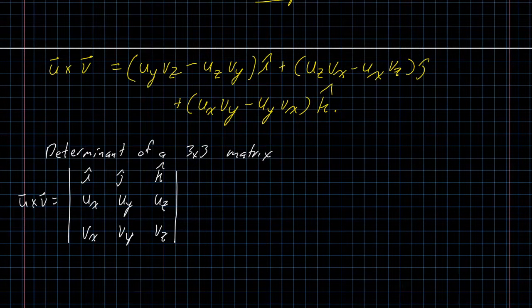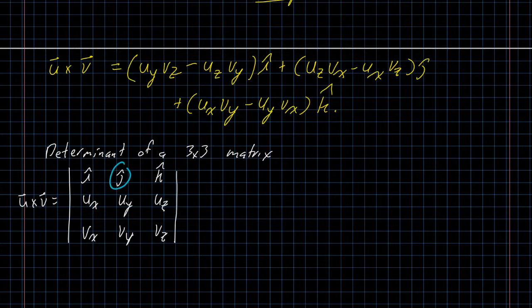But to calculate the determinant of a matrix, you expand on a row, and you take, for each entry, everything that does not share the row and column. So i hat gives you this 2 by 2 matrix.